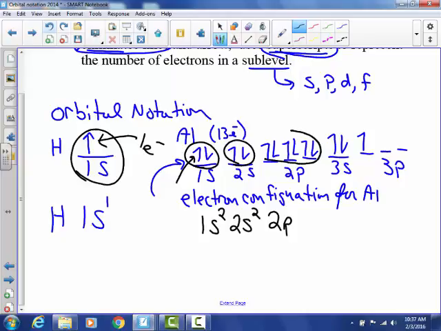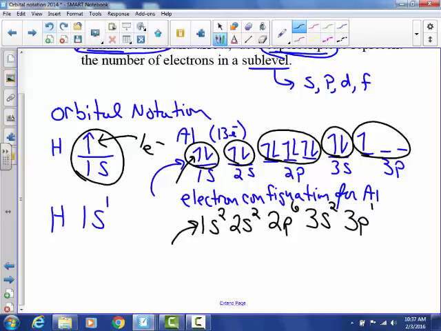And in this 2p, there are 6 electrons, so we'll write 2p6. And for 3s, there are these 2 electrons, so we'll write 3s2. And for 3p, there's only 1 electron here, so we'll write 3p1. So this method is basically our new method to represent electrons.